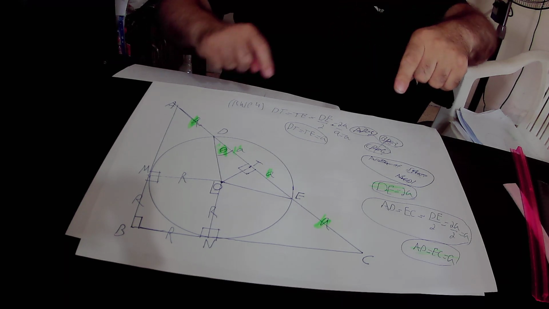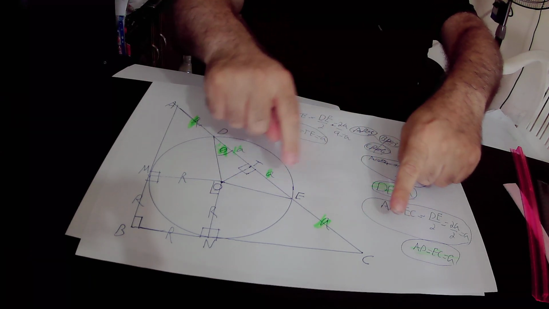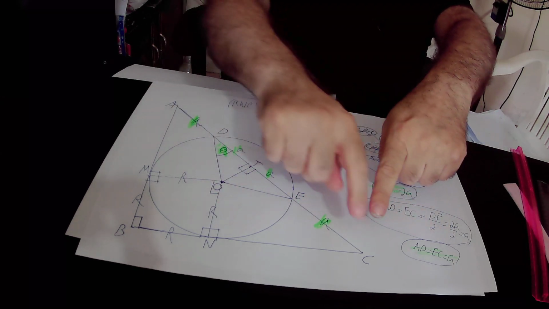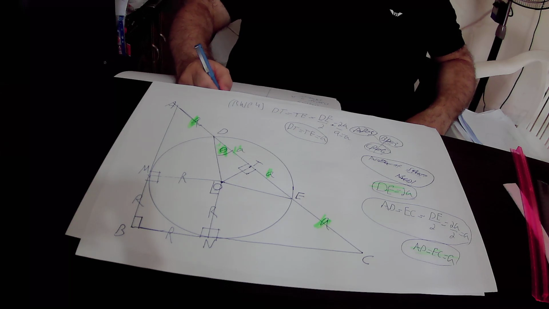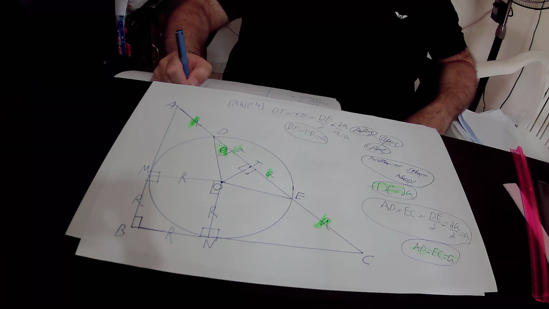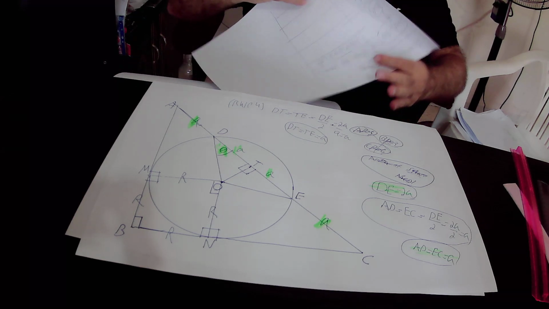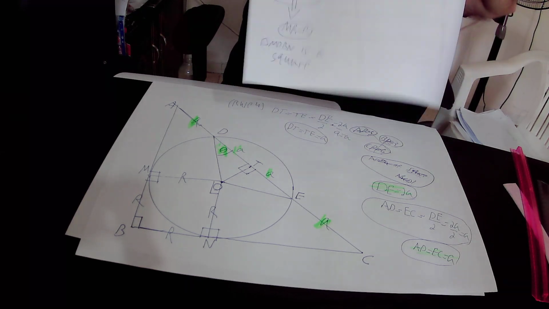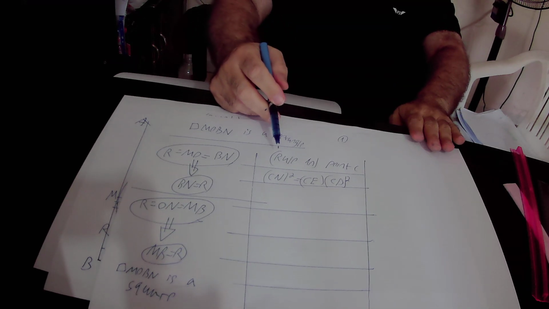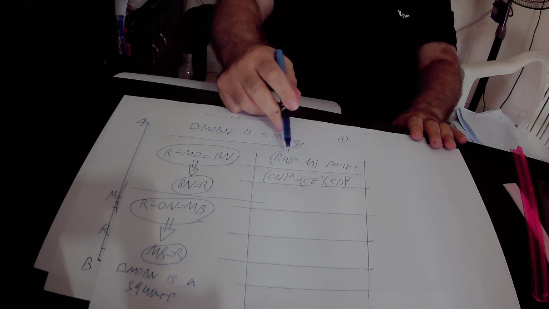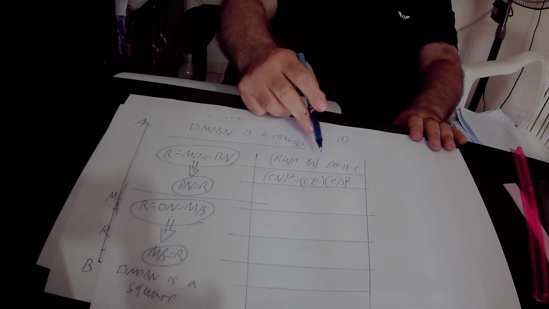According to rule number 10, we get that CN square equals CE times CD. Again, CN square equals CE times CD. I write it down. CN square equals CE times CD.